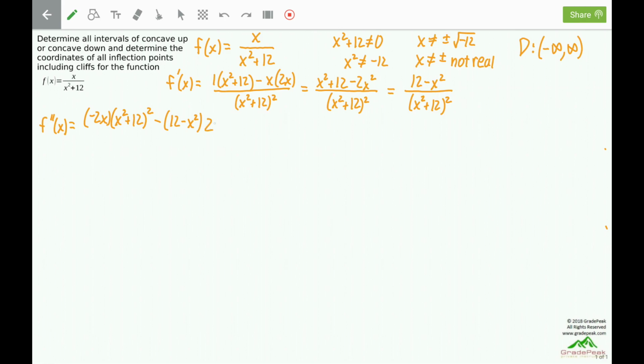We'll bring the power down, 2, leave the inside alone, x squared plus 12, subtract 1 from the power, and then multiply by the derivative of the inside to complete the chain rule. All of this will be over the denominator squared. It's already squared, so we will square it again.